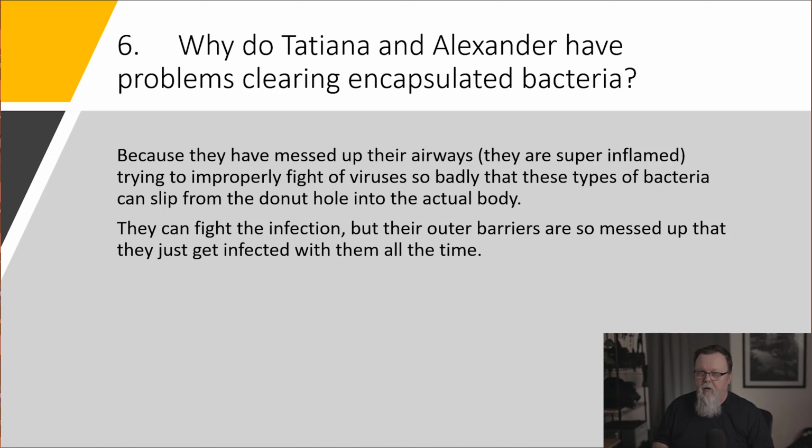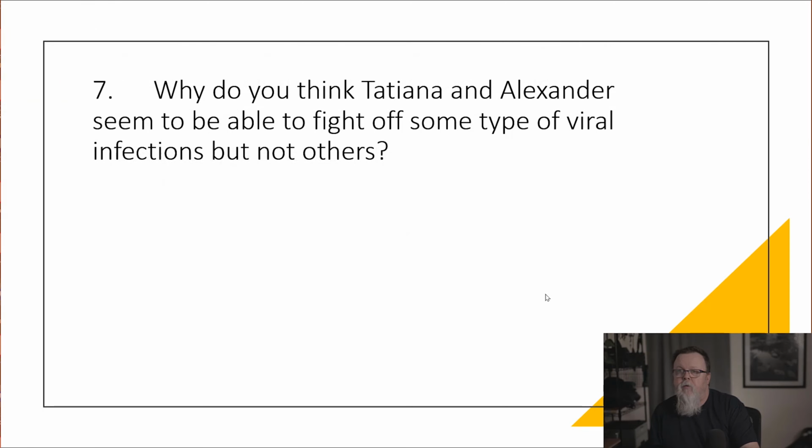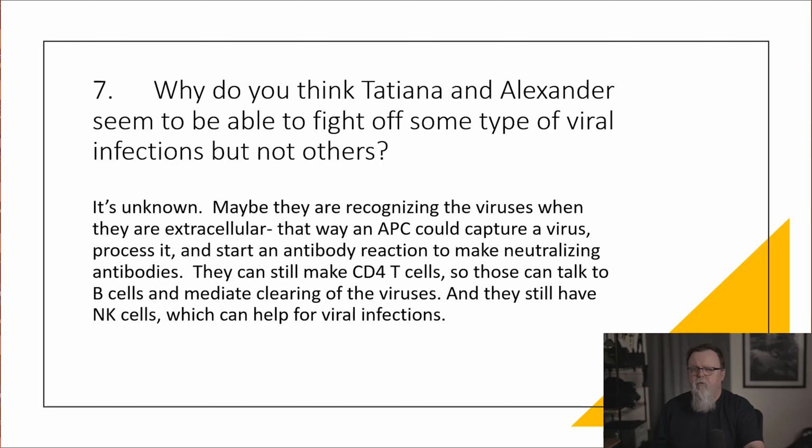In the case study, it mentioned the idea that maybe certain types of antigenic peptides might trigger a greater expression of MHC1 than others, which would mean that they could mount responses to some viruses better than others.